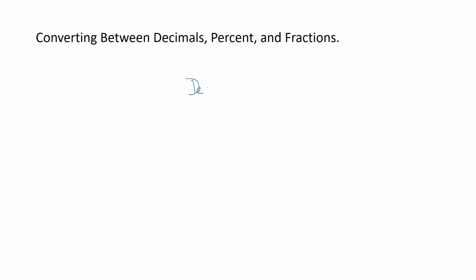Now, if you watched the basic skills test video, I talked about this. If I have a fraction and I want to change that to a decimal, there's several ways of doing this, but not necessarily the easiest way in this case.